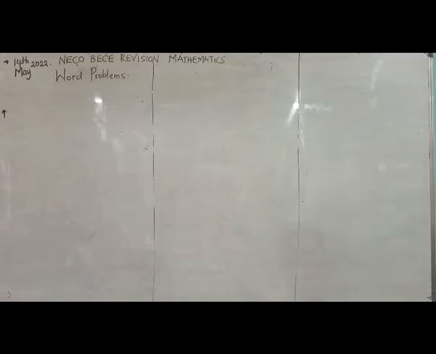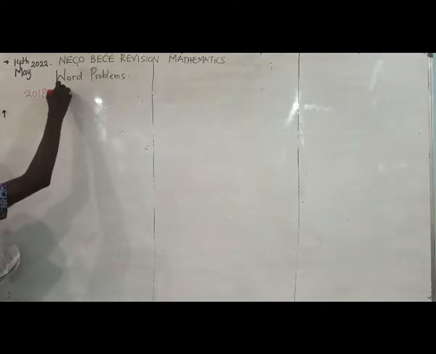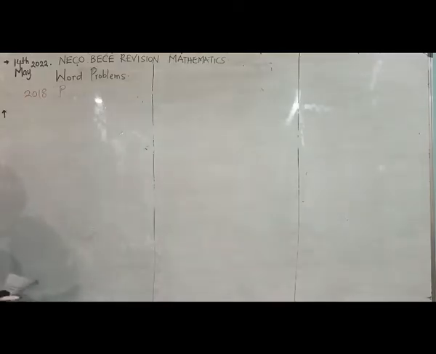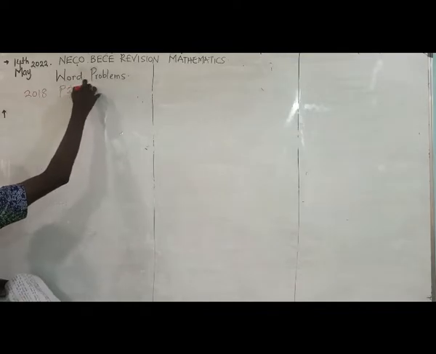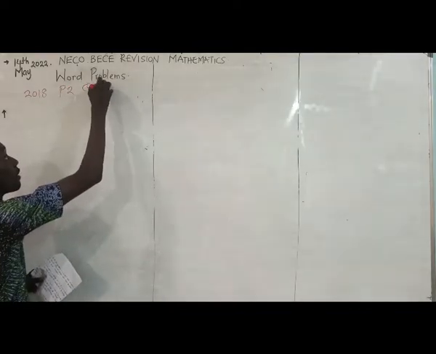So let's look at question 30 of that same year, 2018. That should be paper 2, question 30. Now, it says if 22 is added to a number.